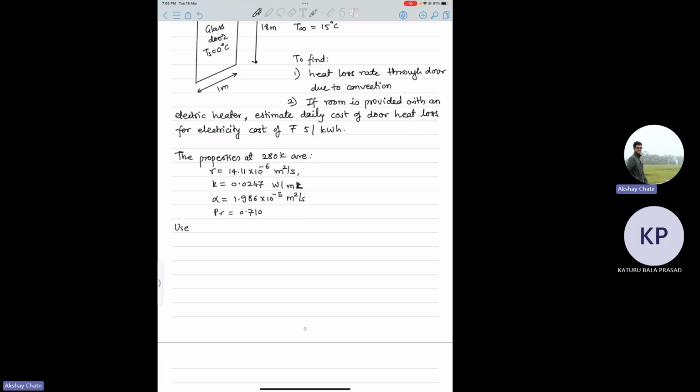And use the following correlation for the Nusselt number. So this is your hL, so this is your Nusselt number correlation for the whole length of the plate.